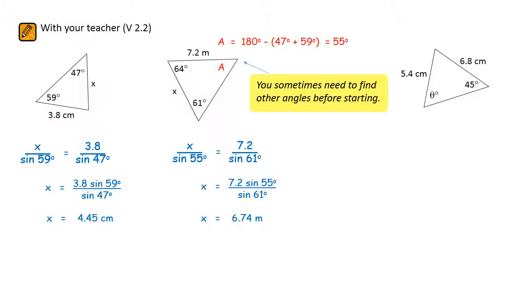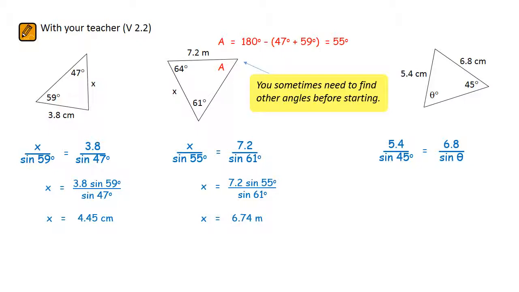What about in this third case here? Well, if we set it up using the sine rule, we'll want to say 5.4 over the sine of 45 equals 6.8 over the sine of angle theta. Now this is where cross multiplication is really useful if we want to get theta by itself.